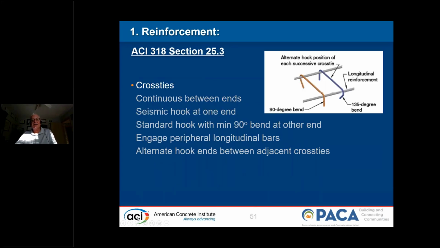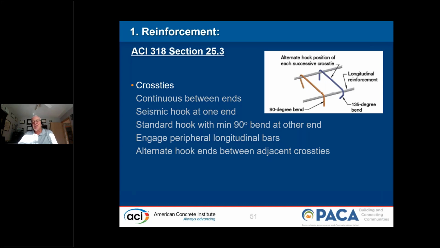So when we're looking at these hooks, it's important that the inspector know that we need to allow these hooks to alternate from one piece of rebar to the next, because if both ends of the rebar had 135 or any bend greater than 90, they wouldn't be able to install it over the longitudinal rebar.